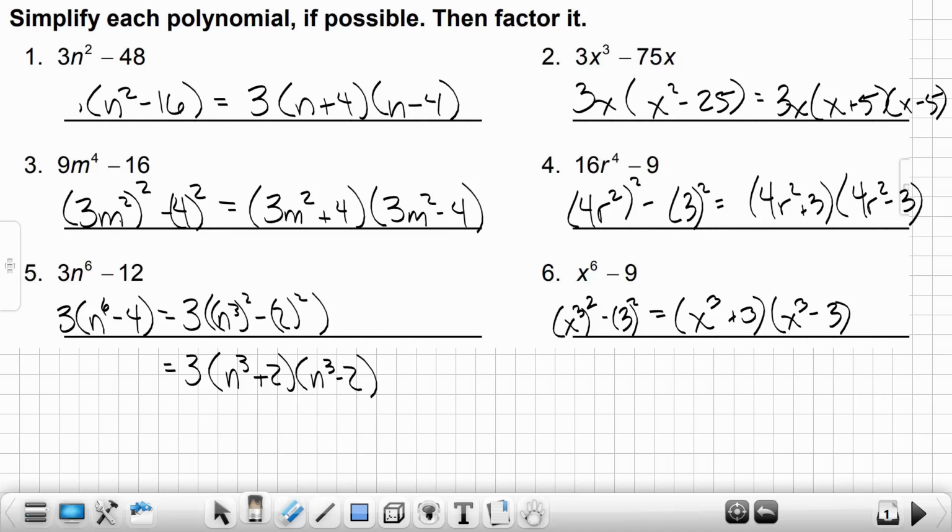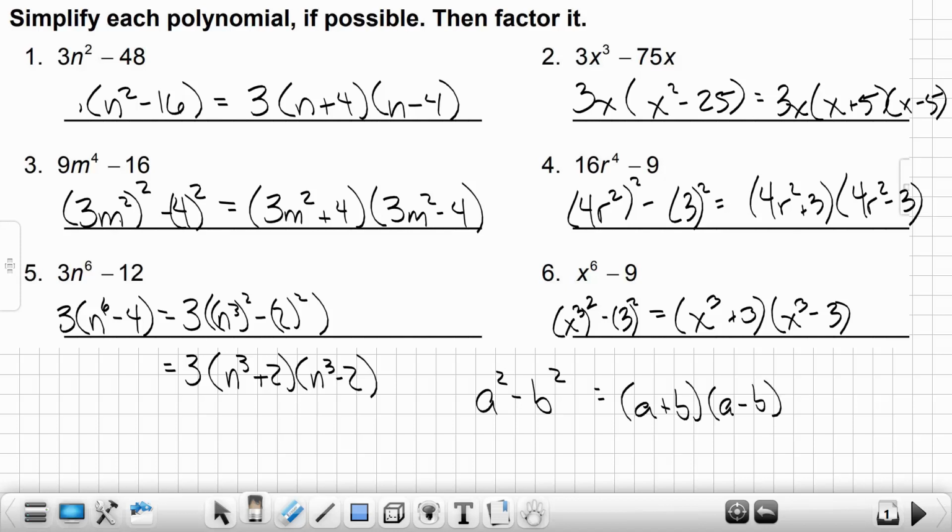Difference of squares means I need something squared minus something squared. n to the 6th is n cubed squared. 4 is 2 squared. If I have a squared minus b squared, that turns into a plus b times a minus b.